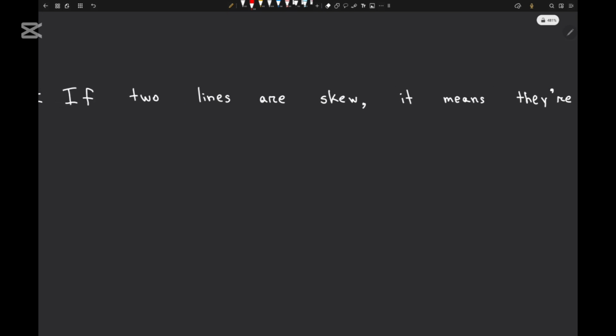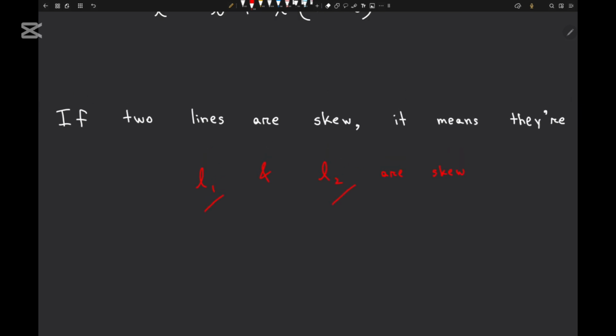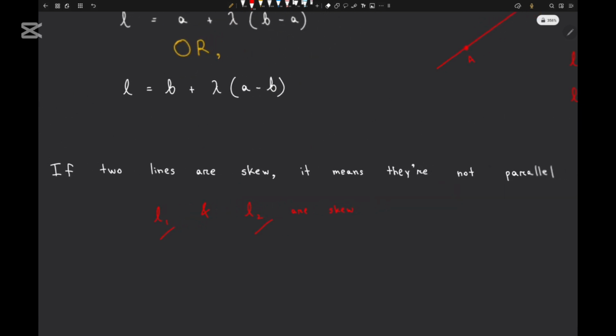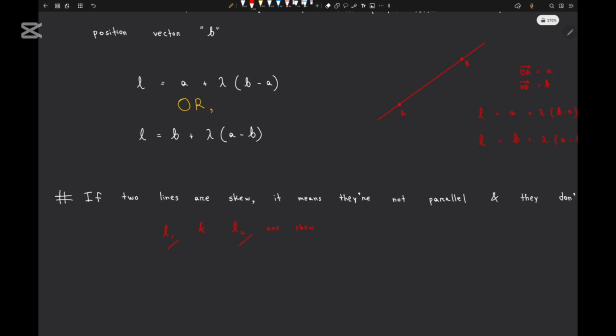Let's say that we have two lines, L1 and L2. If L1 and L2 are skew, which means that these two lines will not intersect. So that is basically the meaning of skew.